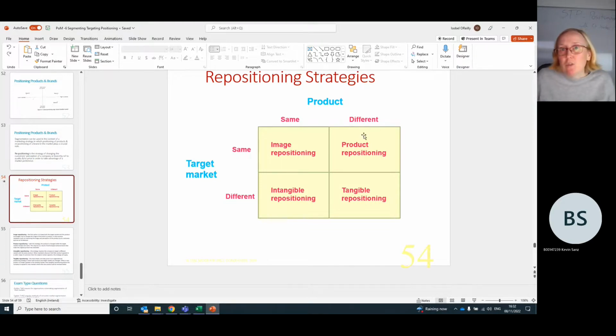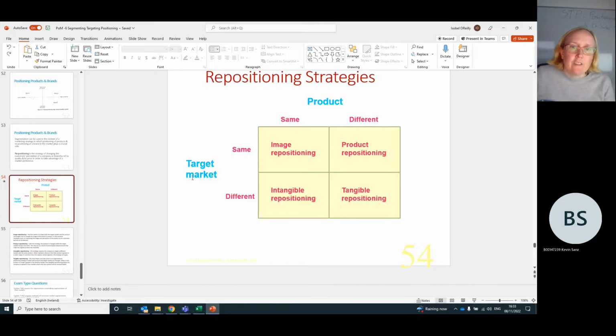If we're redesigning products, designing new products with the same target market, it's a product repositioning. If we are changing the product, but also changing the target market, maybe moving into a new country, or a new segment within the same territory, it's a tangible repositioning.